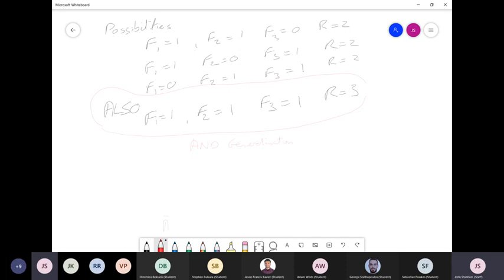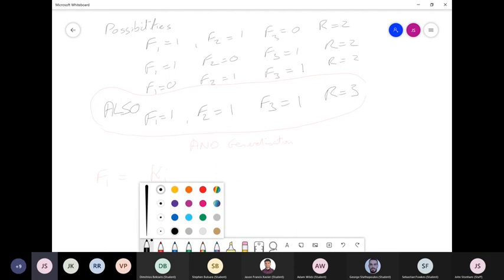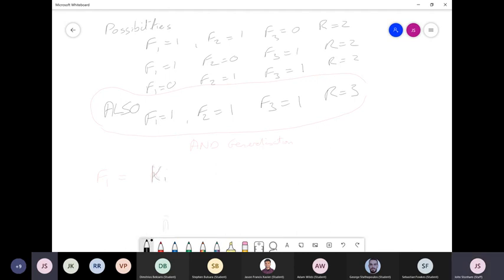For F1, it is going to be K1, the number of states set in the first memory, or the number of terms or the number of intervals, all the same, times the number of ways of getting a 1 on F2, and that was K2, and the number of ways of getting a 0 on F3, which will be 2 to the n minus K3.